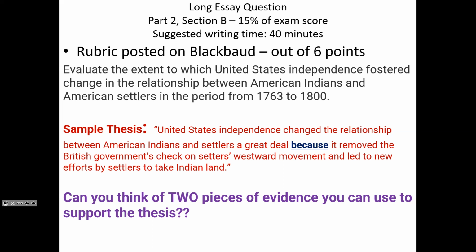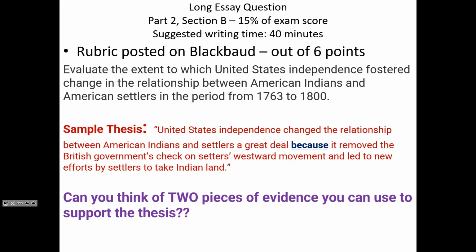So that's our argument. My recommendation, I've got "because" in a different color and underlined. When you write a thesis statement, try to put "because" in there, okay? Because if you do that, you're going to have to give some kind of reason for your argument.